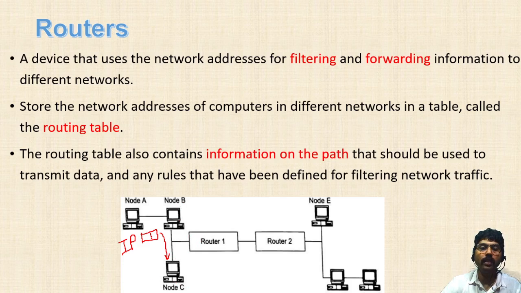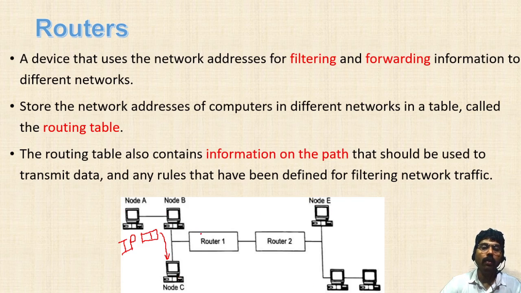The router also receives that packet. It will check the IP address. The router maintains a table called the routing table. This routing table contains the IP addresses of different devices connected locally as well as far away.